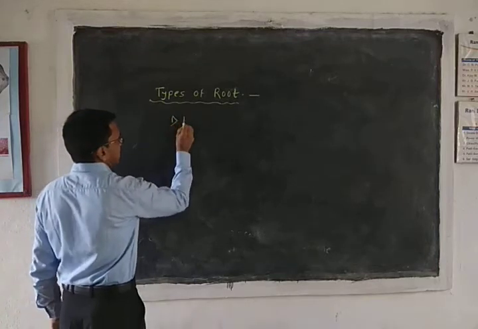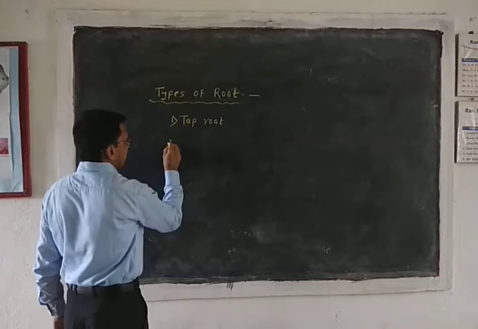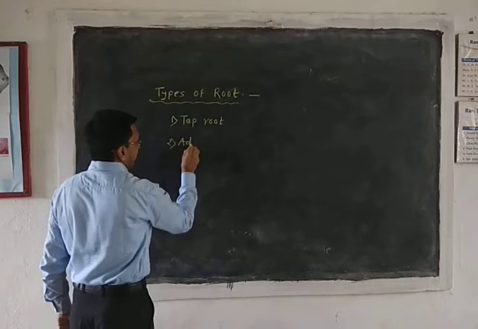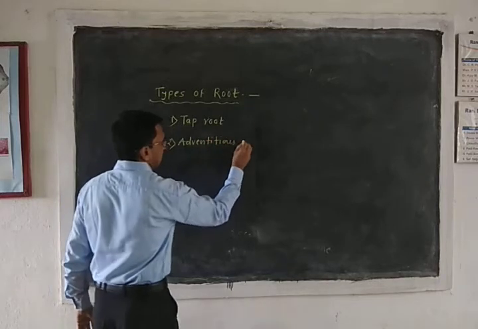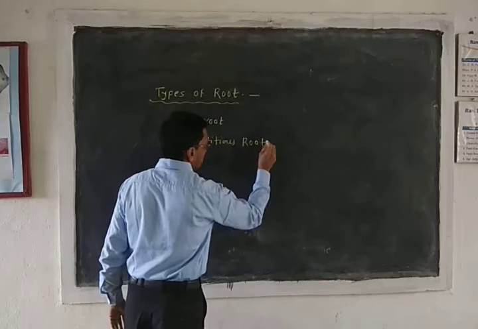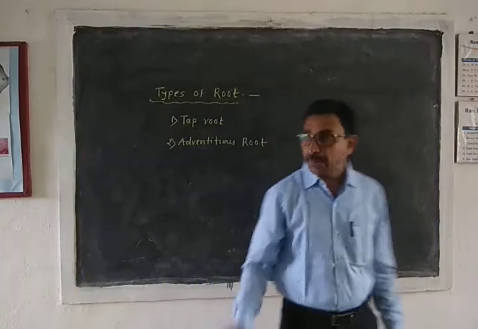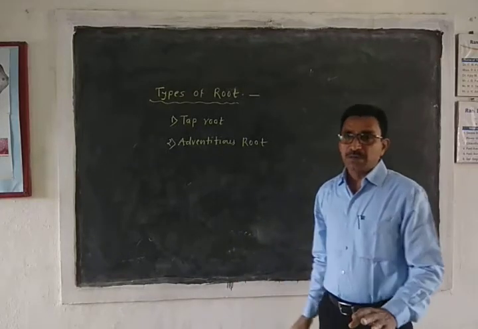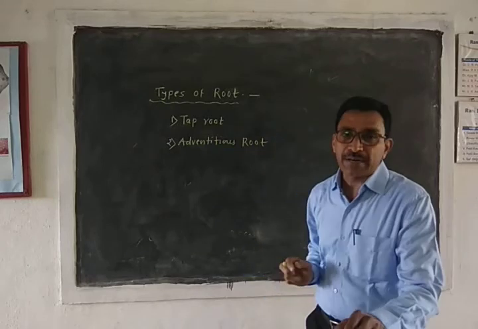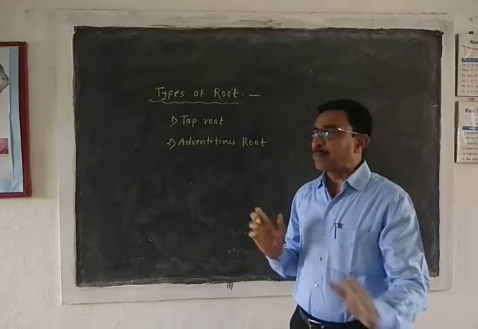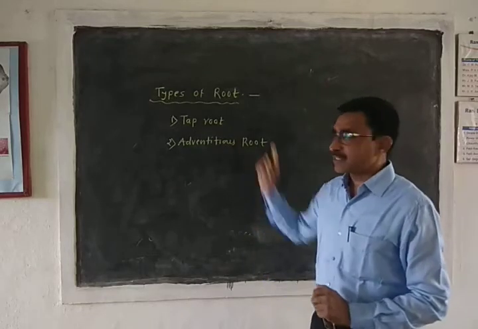The first one is taproot and second one is adventitious roots. These are the 2 types of roots. हे roots से 2 types है, taproot and adventitious roots. Now the question is that what is the difference between the taproot and adventitious roots? मग taproot आणि adventitious root मध्ये काय फरक आहे? First of all, we discuss about the taproot.